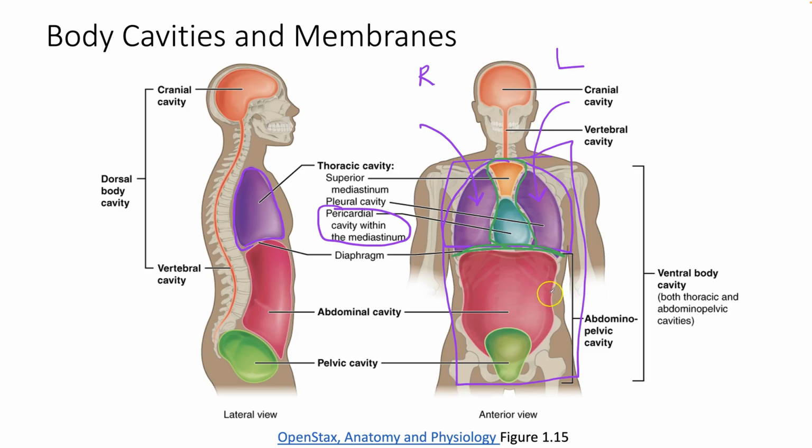If we think about a particular organ that we would find in the abdominal cavity, let's say the liver, the liver is in the ventral cavity. The liver is also in the abdominopelvic cavity, and it is found in the abdominal cavity.